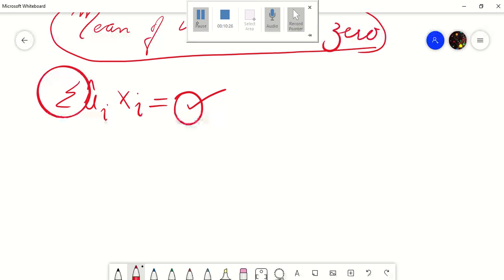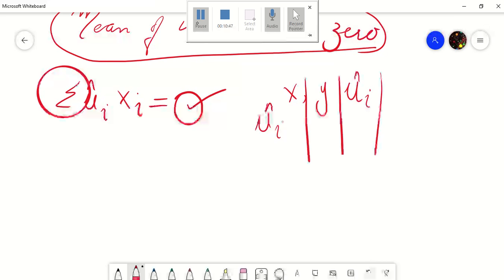You have values of x and y, and you find the value of mu i hat, and in the last column, xi mu i hat, you multiply these values x and mu i hat, and if you add them all, you will get 0.